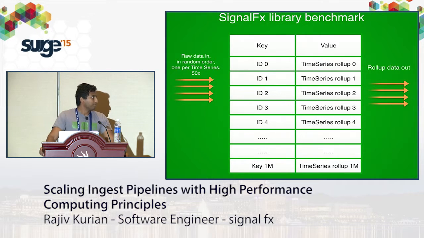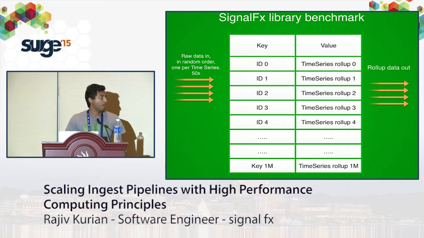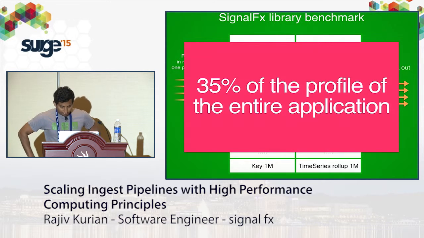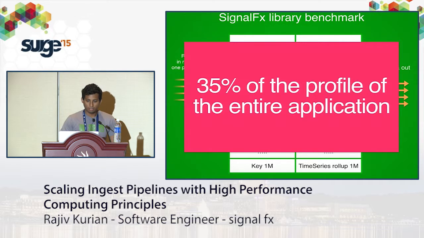We send data in one data point per time series in random order, so a little realistic. We repeat it 50 times, and then we take a percentile on how much time it took to process this, and that's our benchmark. It's around 50 million points getting in. Just to remind everyone, this was only 35% of the actual application, so we were optimizing something which was only 35%.